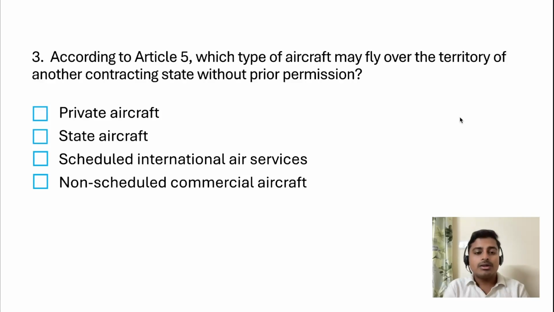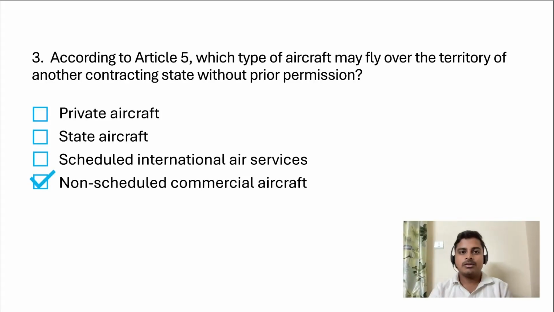An example will be a charter flight, which is non-scheduled, but is a commercial aircraft. So the correct answer is non-scheduled commercial aircrafts. They do not need prior permission and can fly over any other contracting state and use their airspace. So the correct option is option D, non-scheduled commercial aircraft.